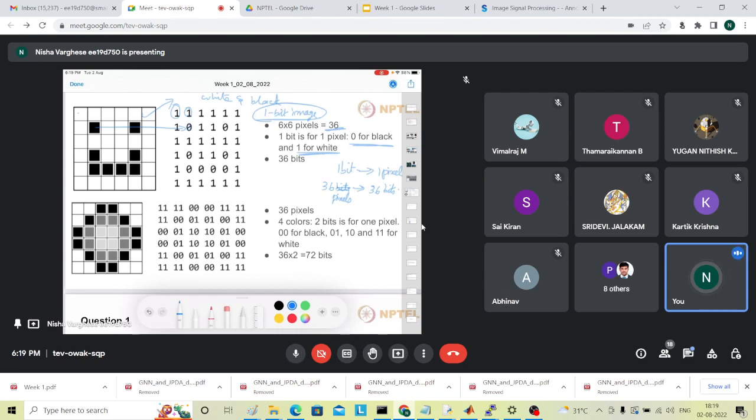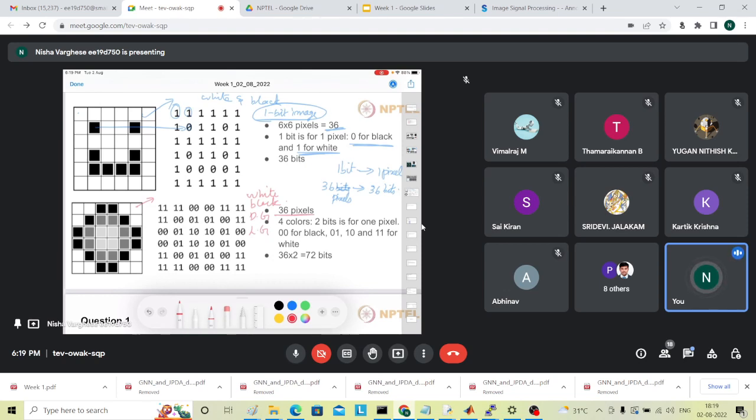Then take the next image. Here, the number of pixels is 36 pixels. But we have more number of gray colors inside the picture, right? What are the colors? White color, black color, dark gray color, and light gray color. 4 colors are there.